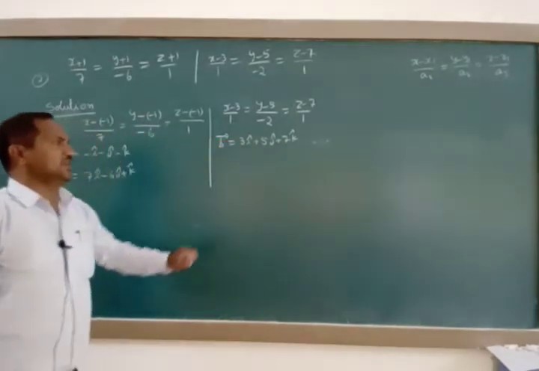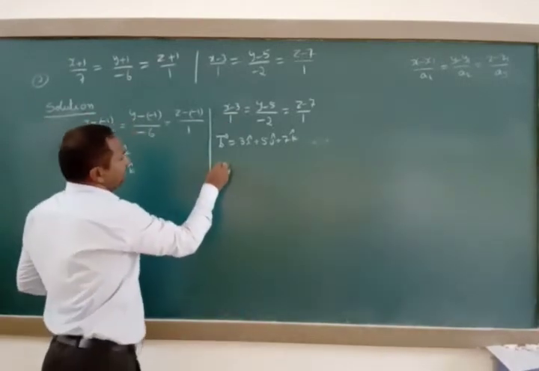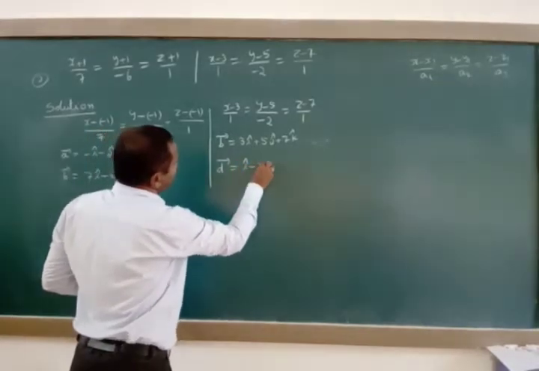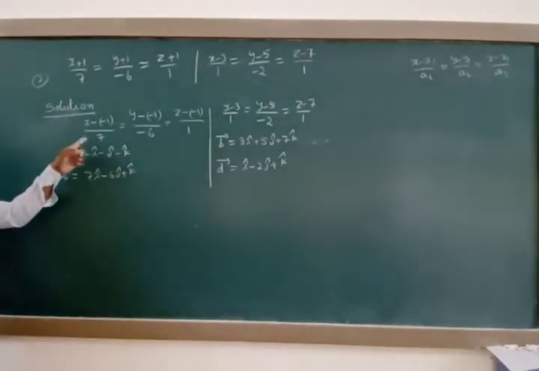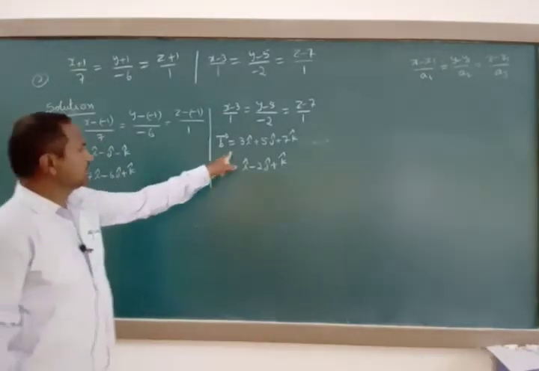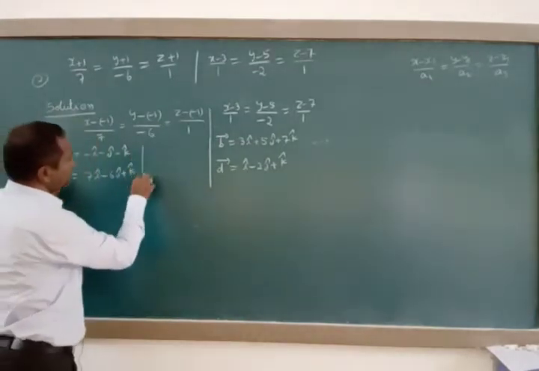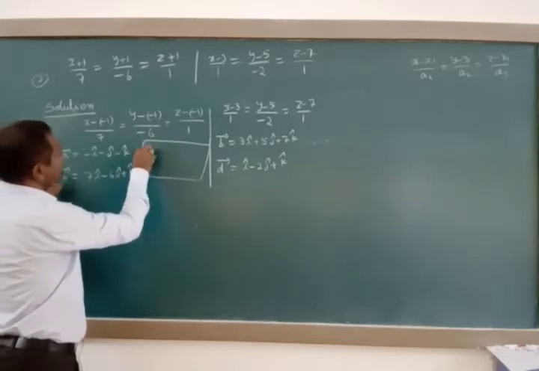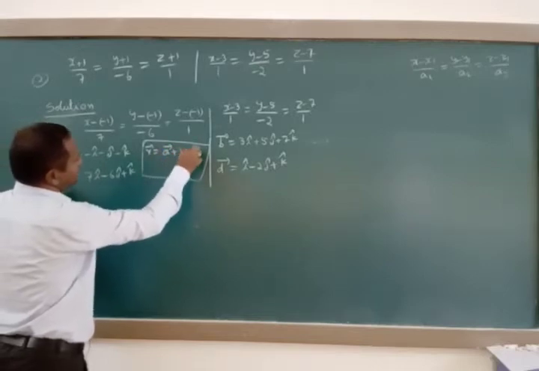Now the direction ratios are there. With the help of the direction ratios, there is one more parallel line vector, that is the d vector. You consider d vector equal to i cap minus 2 j cap plus k cap, because it is in the form of a vector plus lambda into b vector. This line is r vector equal to a vector plus lambda into b vector.